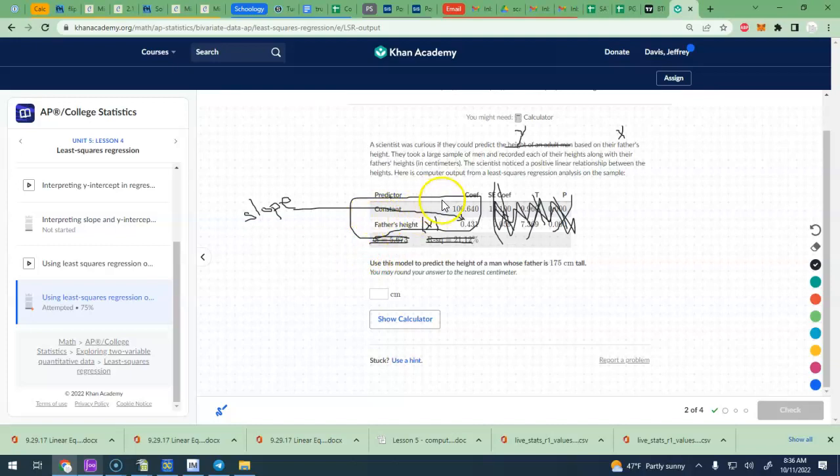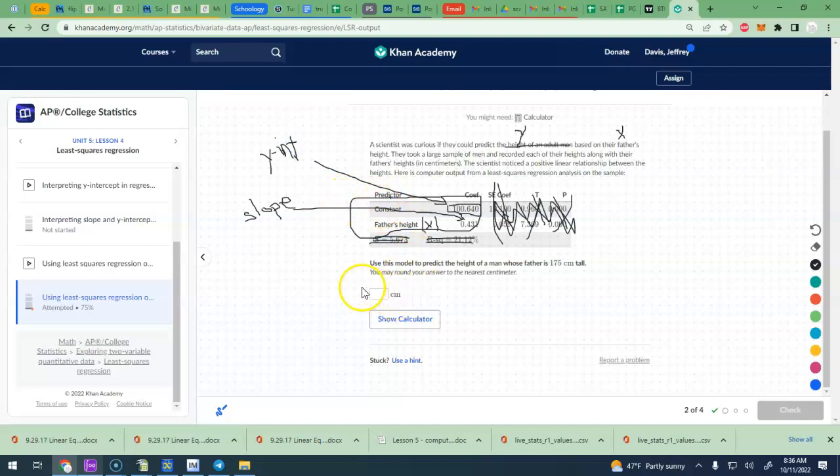And then this number up here, it's got constant next to it, so that's not a variable. That doesn't change. That's like your starting amount, and that's your y-intercept. Sometimes it'll actually say intercept right here instead of the word constant.